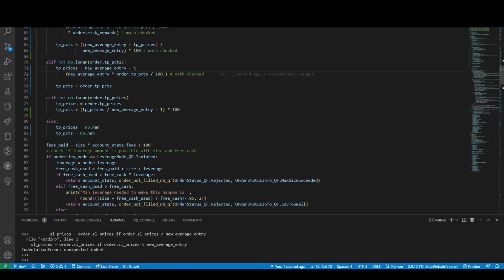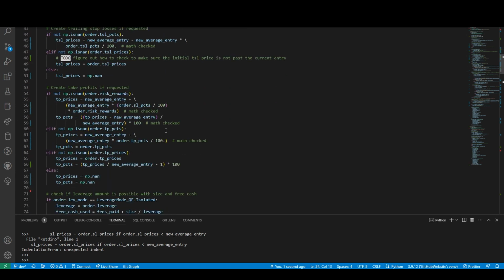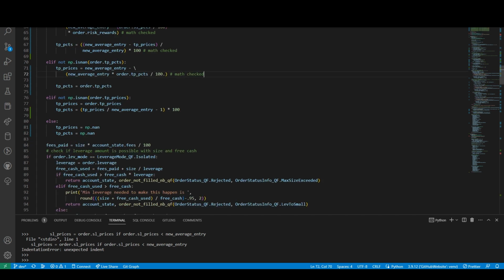Take profit prices divided by average entry. Is this right? So this would be 980 divided by 1,000 minus 1 times 100. Why is it like that? What part was I looking at?